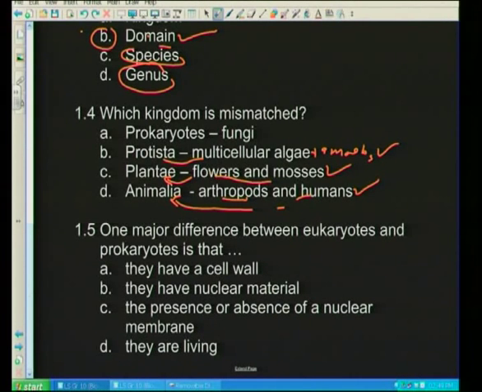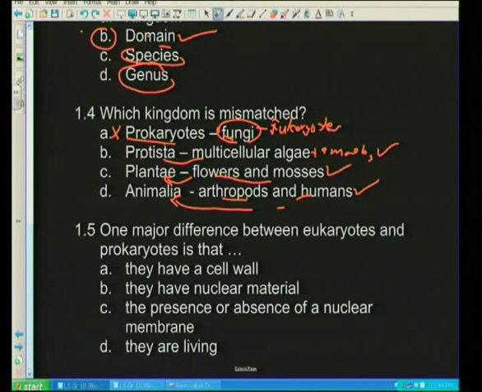Now remember, fungi have a proper nucleus. So fungi are actually not prokaryotic because it is the bacteria that are prokaryotic. Fungi are actually eukaryotes. They belong to the kingdom Fungi. So fungi cannot be a prokaryote.